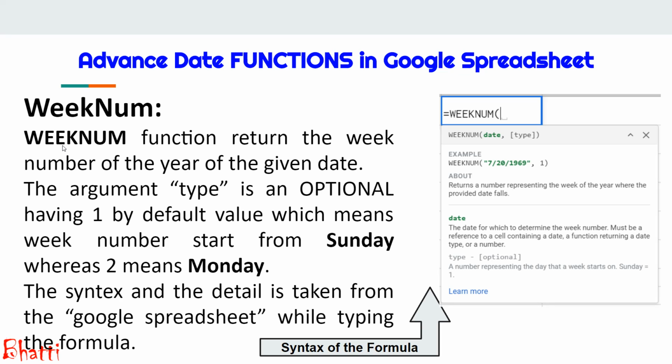This formula also has two inputs: one is the date and the second one is the type. If the type is 1, which is the default value, the week will start from Sunday. We discussed the same thing in the previous formula. The syntax is given on the right side, which was taken from Google Spreadsheet while typing the formula.